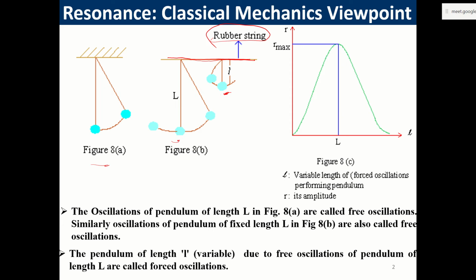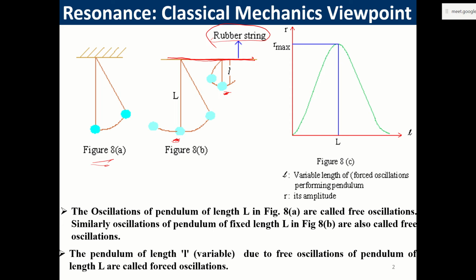So the pendulum is in the figure first, and you have another pendulum placed alongside, connected to the same base, this rubber string. Giving a jerk to pendulum A, the first one, you will find that slowly it slows down and the other one attached over here starts moving.